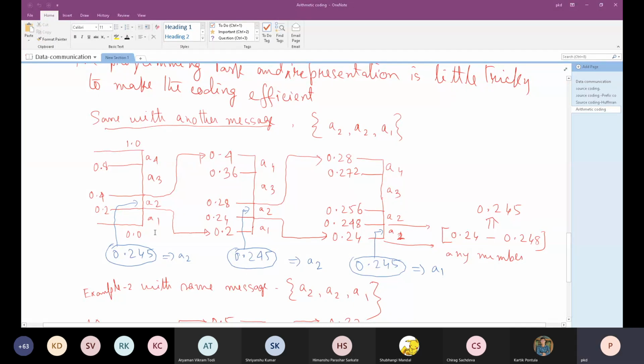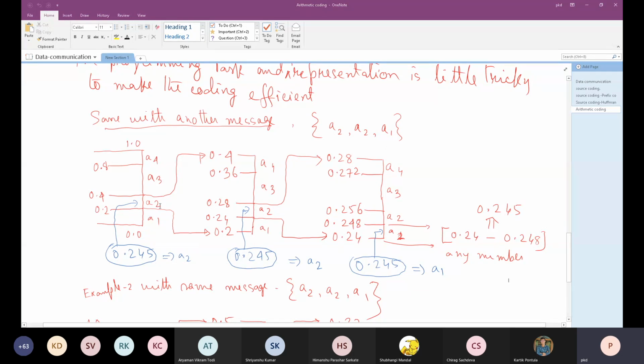Once we define the interval and proceed partitioning the interval according to the message, it is sufficient that it will be coded properly. Like here the message is A2, A2, A1. We have this same probability table, the interval table A1, A2, A3, A4.